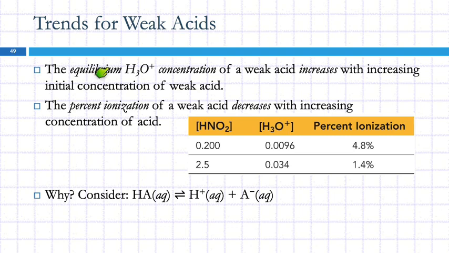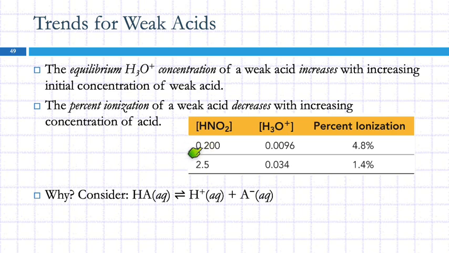Okay, so the equilibrium hydronium ion concentration of a weak acid increases with increasing concentration of weak acid. But the percent ionization of a weak acid decreases as it gets more concentrated. So here we're looking at nitrous acid.